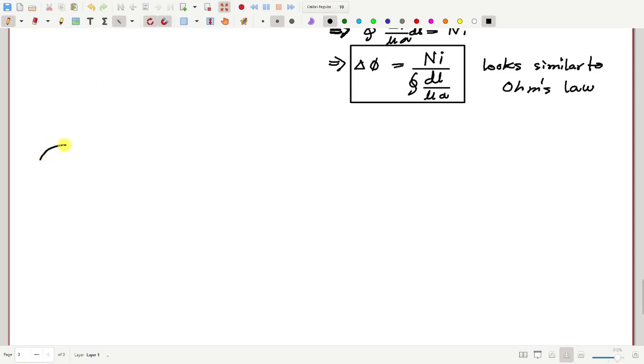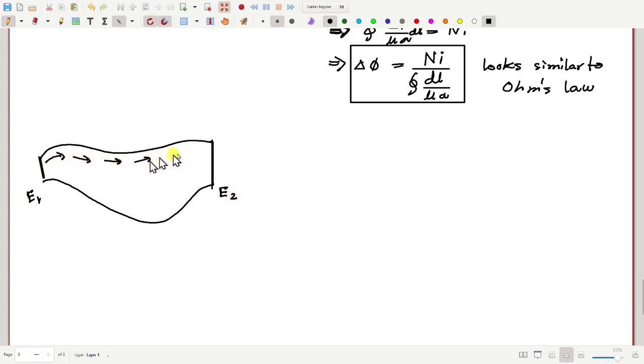Suppose I have a conductor, maybe like this, and the two ends are at two different potentials, say E1 and here E2. So we will have current flowing through this conductor. Suppose this is the path of the current, and suppose the total current is I from left to right side. How can we get the value of I?